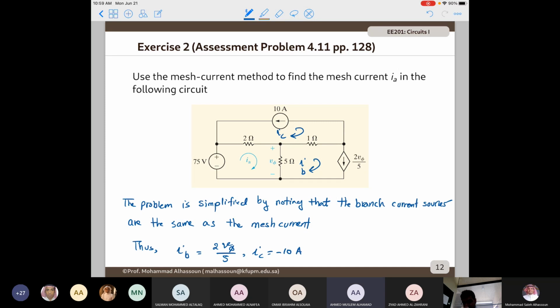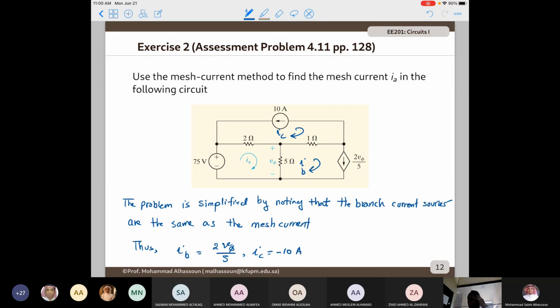2V over 5 is IB. Okay, that's not going to help us, so let's put that aside. How to find another relation that relates VP to IA?